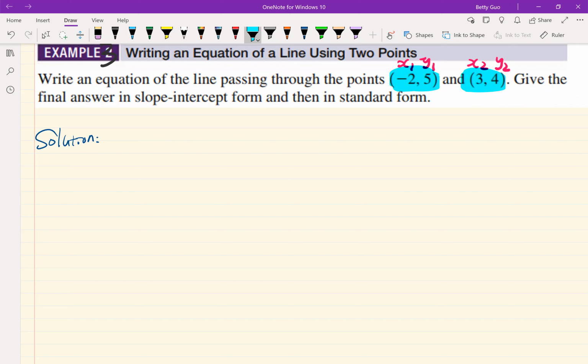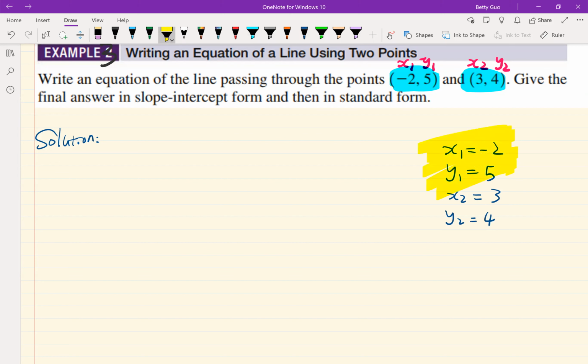First, label the 2 points. I did it for you already: x1, y1, x2, y2. It doesn't hurt to write the values for them. x sub 1 is -2, y sub 1 is 5, x sub 2 is 3, y sub 2 is 4, right?